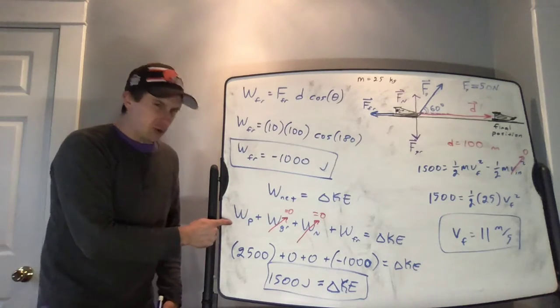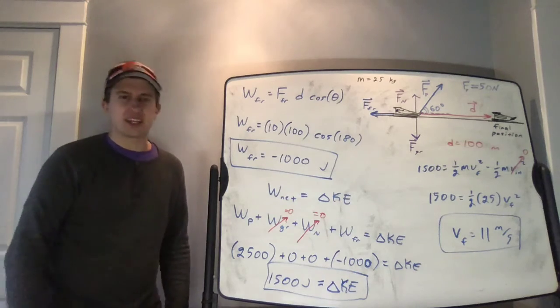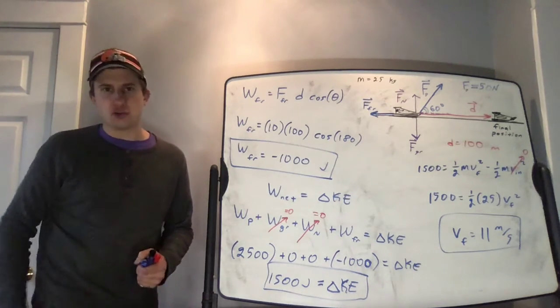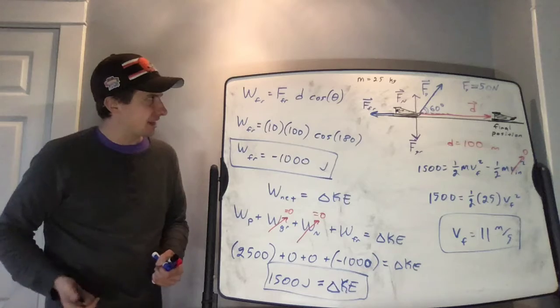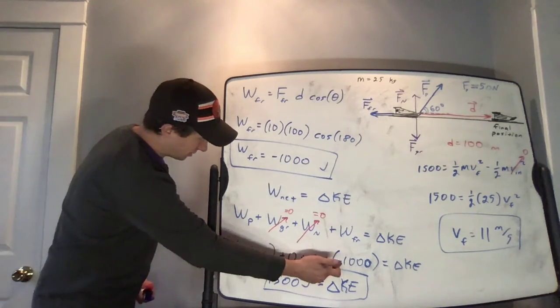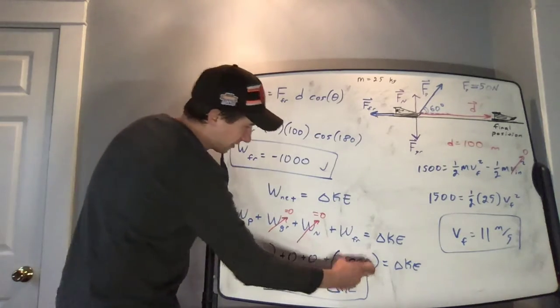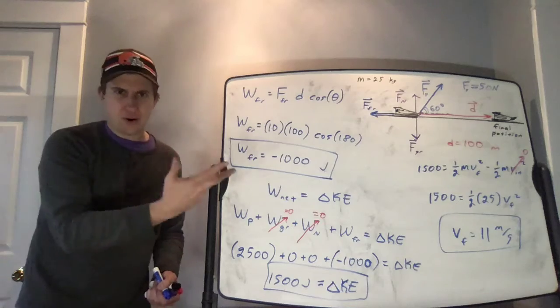As I said before, the way I am interpreting the work kinetic energy theorem, my pull tries to give 2,500 joules to the sled. That's like saying I lost 2,500 joules of energy in pulling the sled because I gave that much energy to the sled. The force of friction between the sled and the ground took away 1,000 joules from the sled.